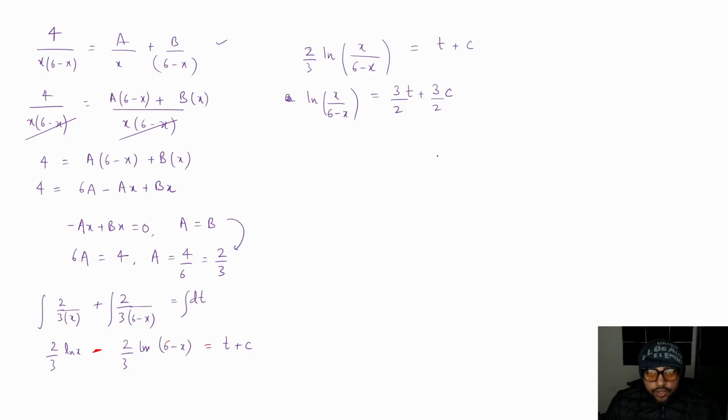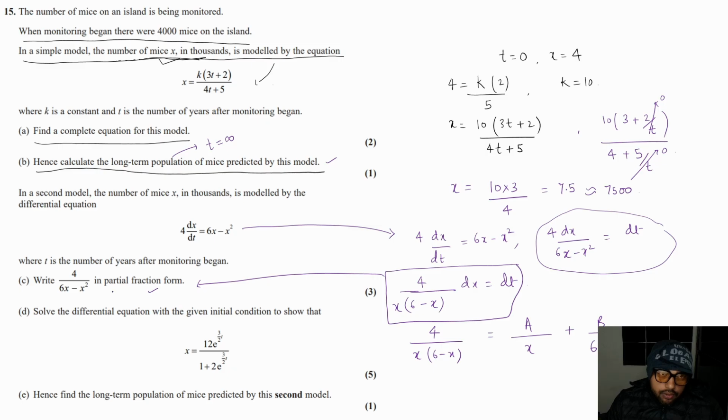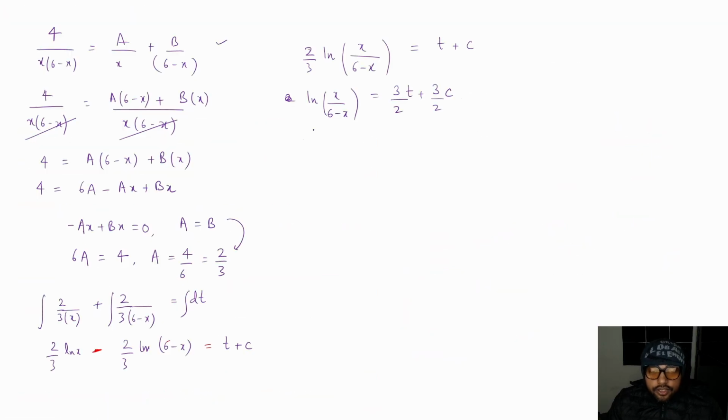Okay, now we can see in this equation that c is the constant which should be added and we don't know the value. Now what we need to do here is go to the basic statements. The first two statements that were written here say that when monitoring began there were 4,000 mice. So we'll use this part to get the value of c.